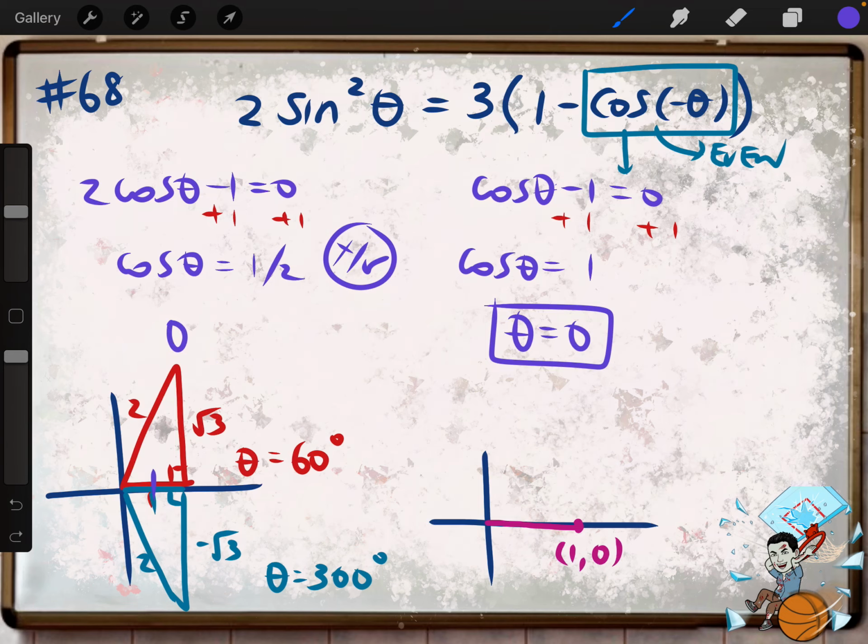So your theta is going to be 60 and 300. 60 you can write as pi over 3, and 300 you can write as 5 pi over 3 in radians. So that's 68.